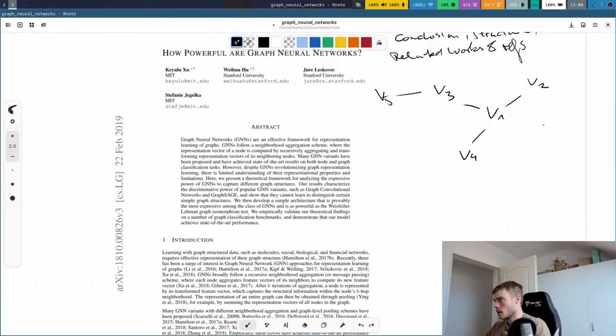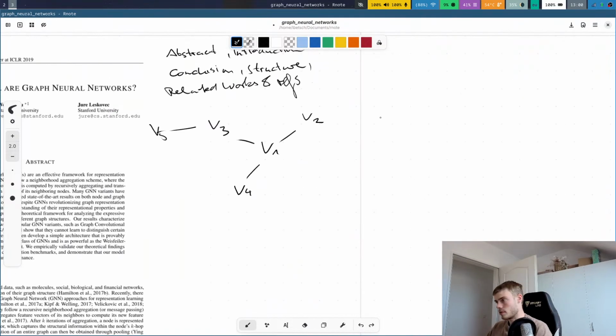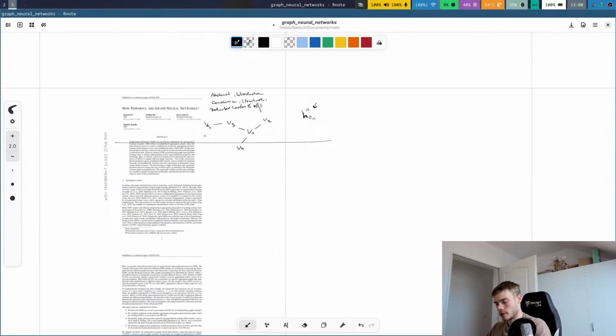It starts, for example, with V1. It has a hidden state for V1 at time step 1. It computes a message for this, which is the, so this was, we had this over here.